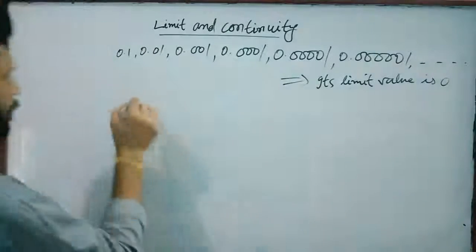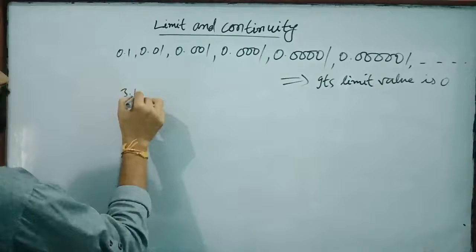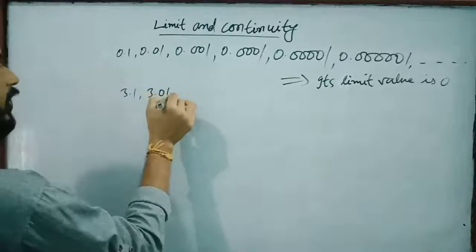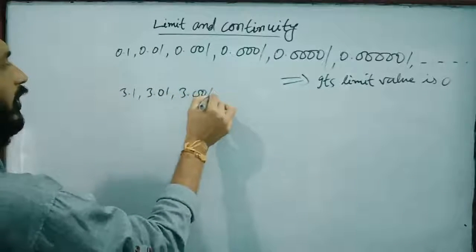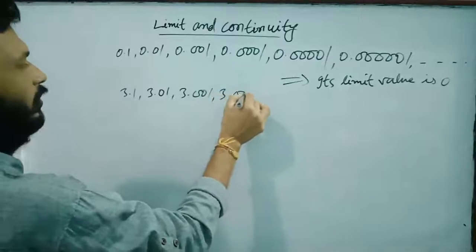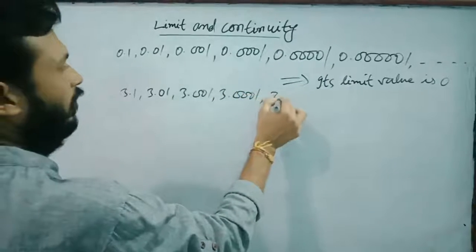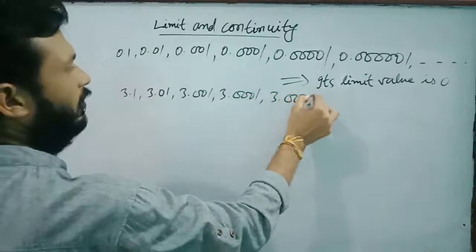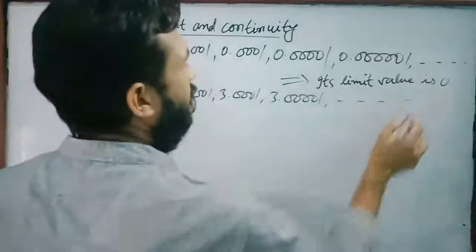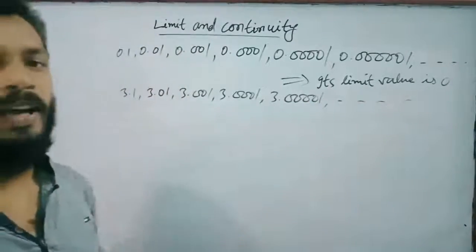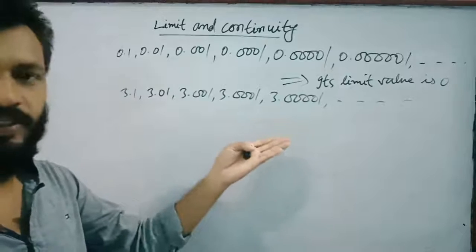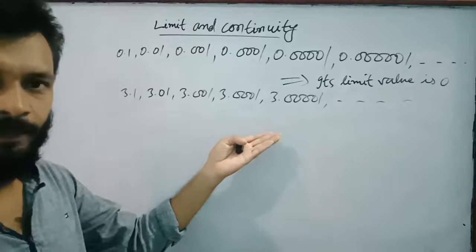Okay, then again, suppose 3.1, then 3.01, then 3.001, then 3.0001. Okay, infinite. Then what is the limit value of the given sequence? Can you say?